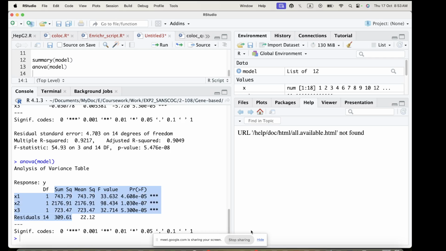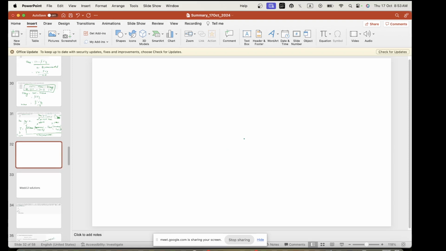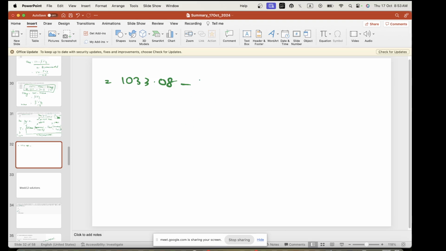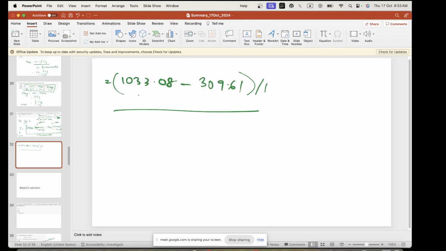So SS residual restricted is 1033.08 minus the unrestricted term, 309.61, divided by 1, and here we have n minus, that is 18 minus 4.